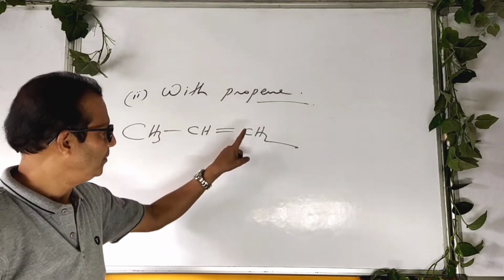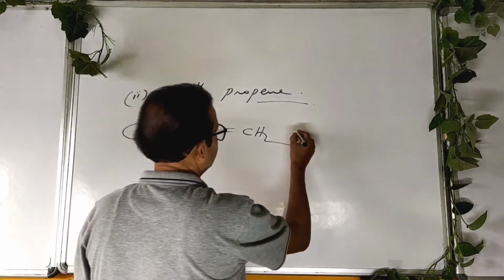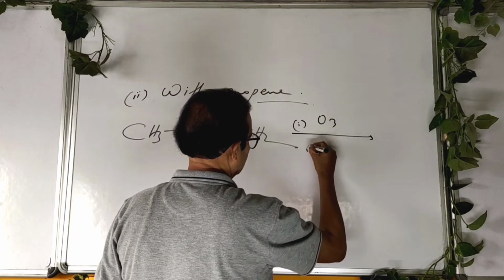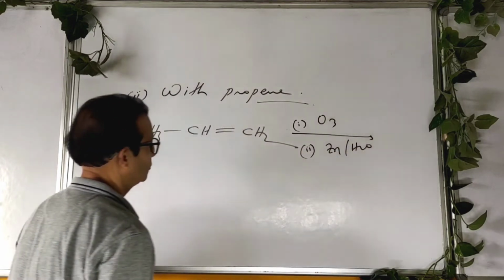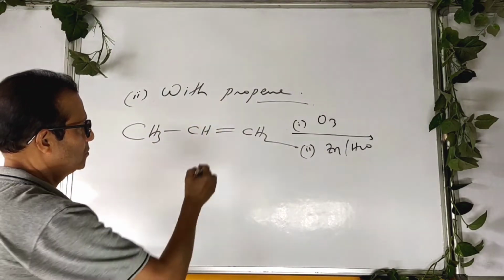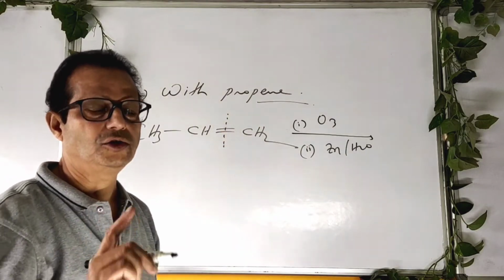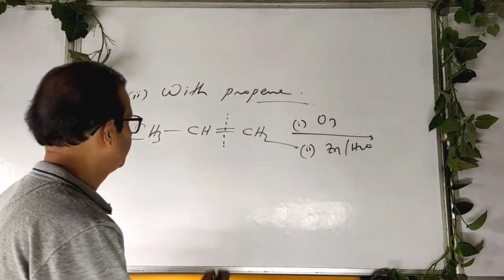This is propene. Just break the double bond, because ozonolysis takes place at the site of the double bond only.